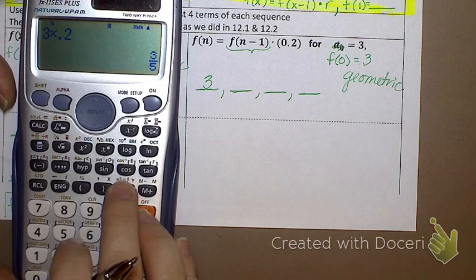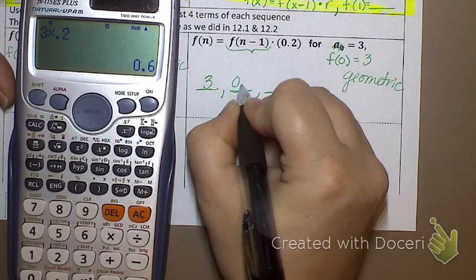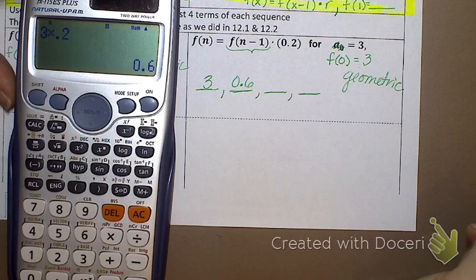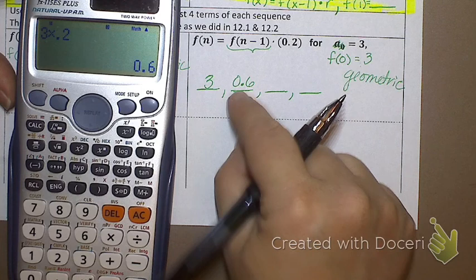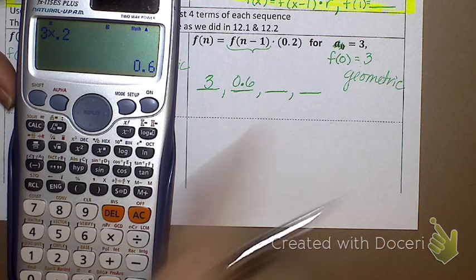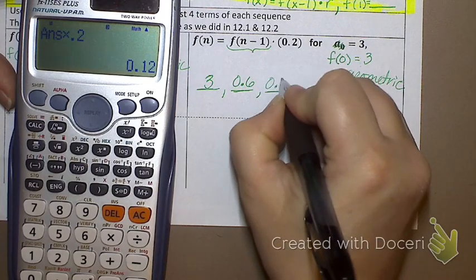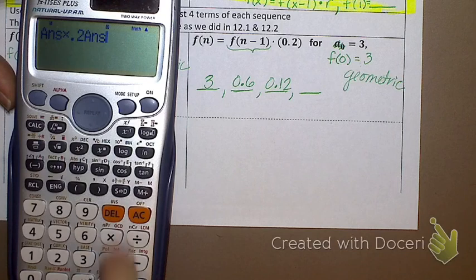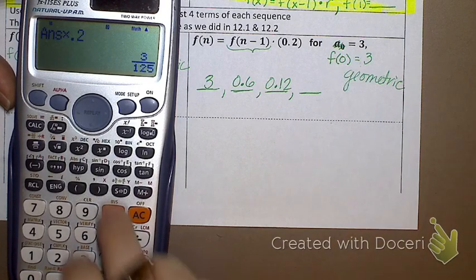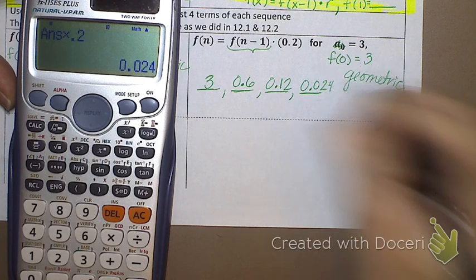And that gives me 3/5. Since we're dealing in decimals, let's stick with decimals. I get 0.6. How would I get the next term? Take 0.6, which would be the term before it, and multiply it by 0.2. And that gives me 0.12. How do I find the next one? Times 0.2 again. And I get 0.024.